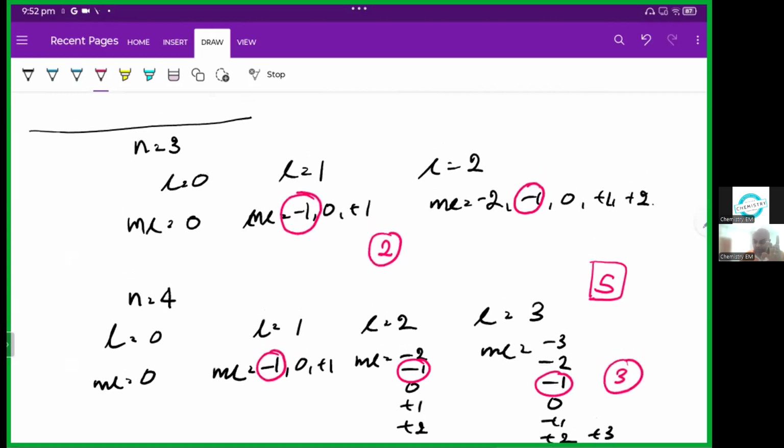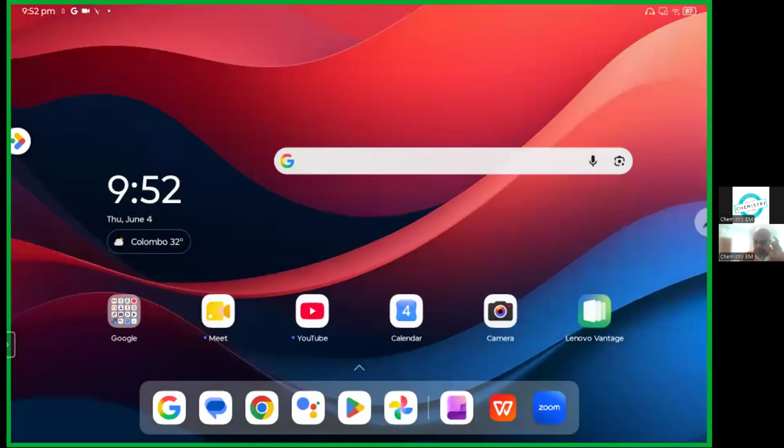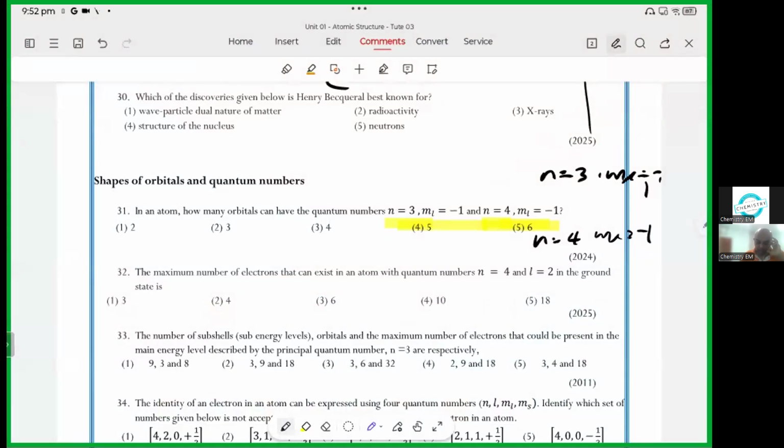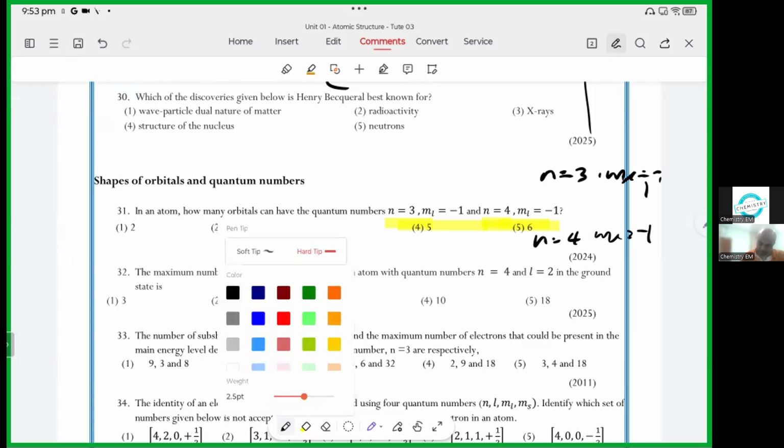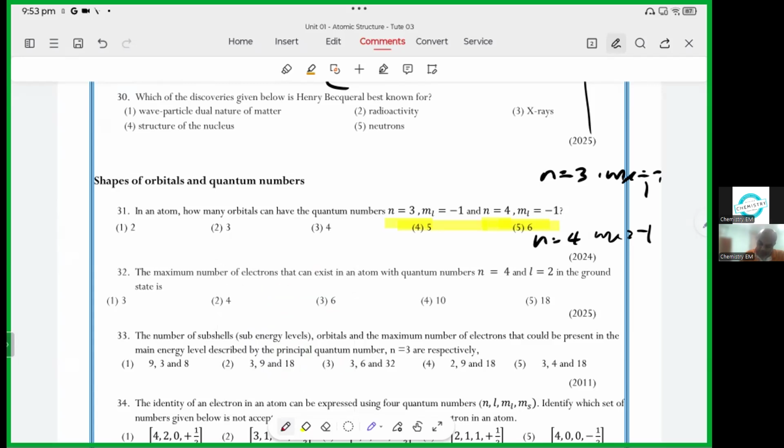So we are asking in the question, how many orbitals in an atom can have the quantum numbers n is equal to 3 and ml is equal to -1, and n is equal to 4 and ml is equal to -1. So the answer is 5. The answer number here is 4. This is the answer.